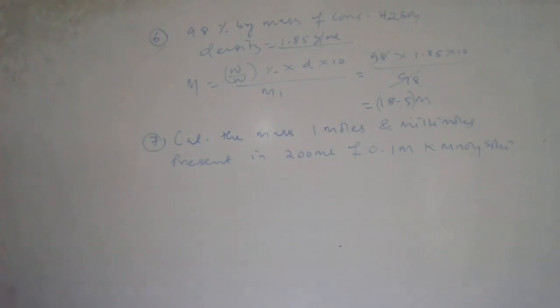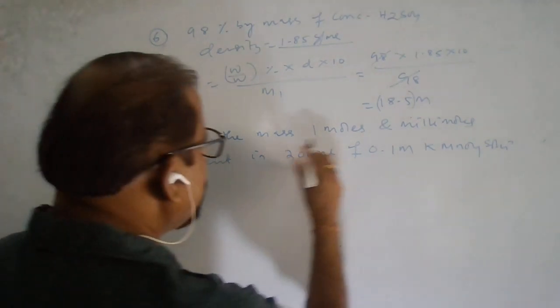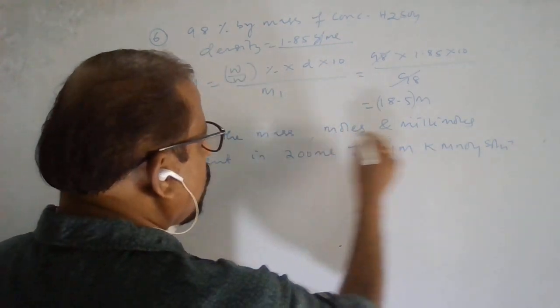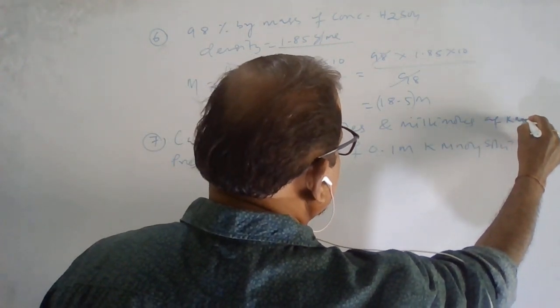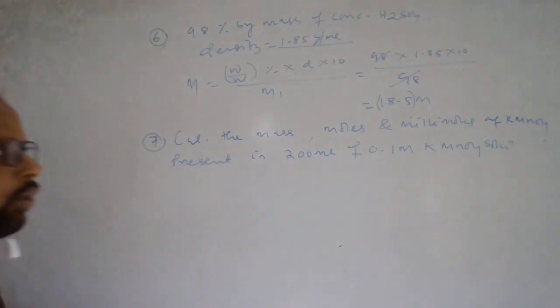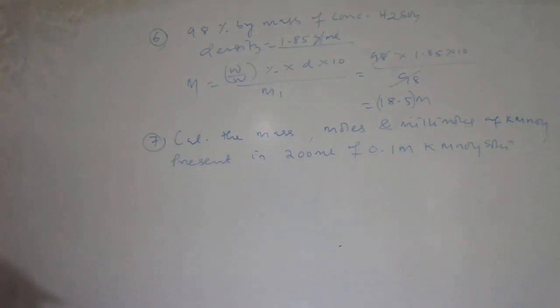So calculate the mass, moles or millimoles of KMnO4 present in 200 ml of 0.1 M KMnO4 solution.